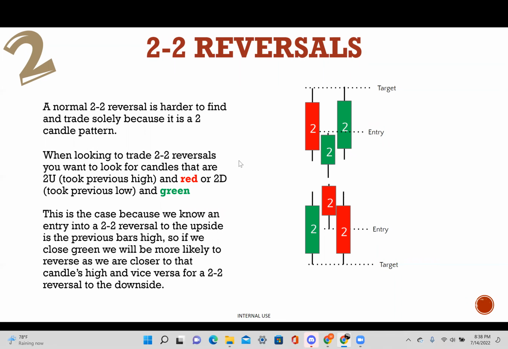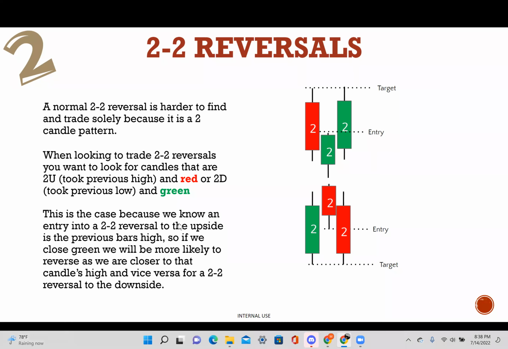Great. All right, so I'm gonna just repeat this one more time. When looking to trade a 2-2 reversal, you want to look for candles that are 2 up, right, and are red, or you want to look for candles that are 2 down that took out previous lows and are green, right?